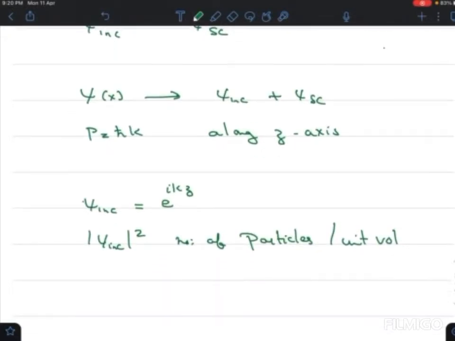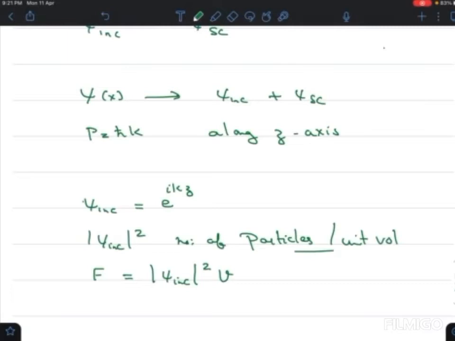Now we want to find the incident flux, and we give it the letter capital F. It is obtained by multiplying the number of particles per unit volume times the velocity of the particle, that we had seen earlier in our scattering process. So this times v.